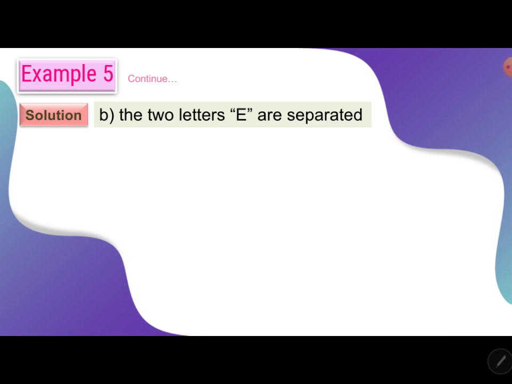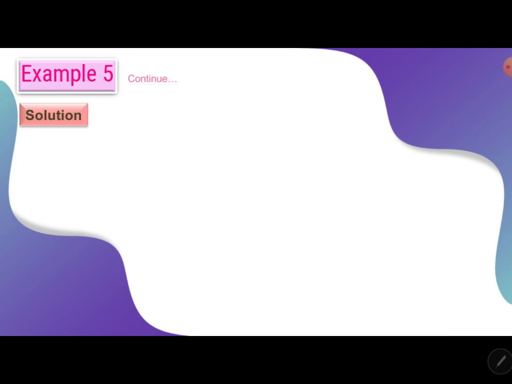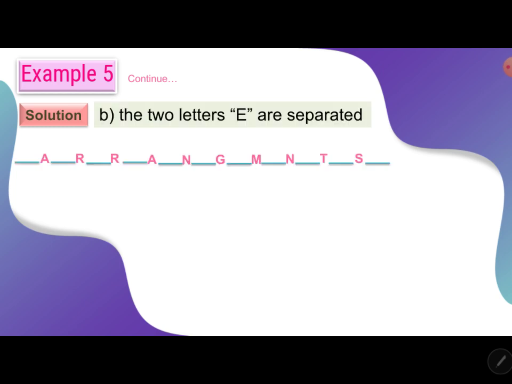Okay, so for question B. The two letters E are separated. How do we separate the letter E? We can put them in between all the arrangements of the other letters. So we arrange all the letters except for E. How many places can the E be put? So we have 1, 2, 3, 4, 5, 6, 7, 8, 9, 10, 11.